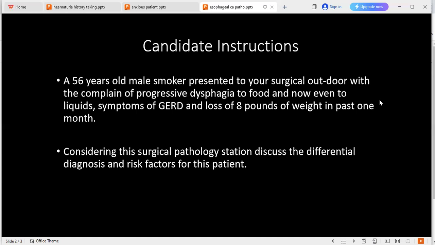All right. Please tell me what treatment can be offered to this male depending upon the site of the carcinoma: upper part, middle, and lower.